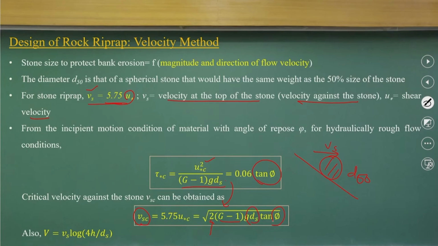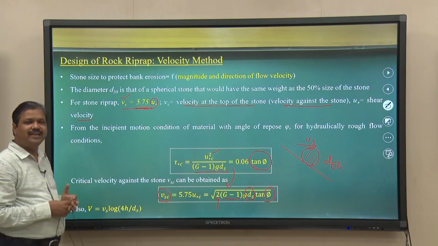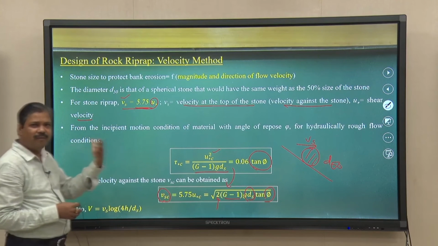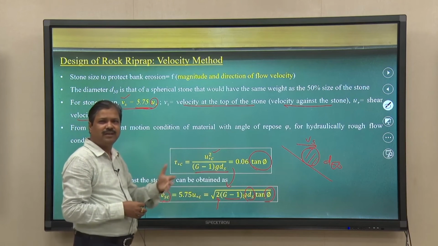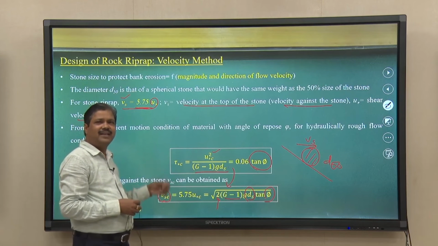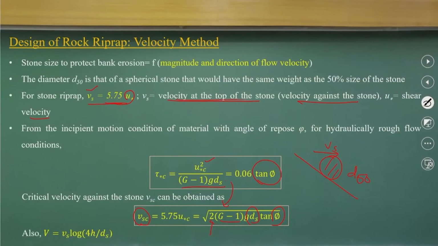Now, we cannot compute the Vs value, because we can only know the average velocity or design velocity, maybe 3 meter per second, or maybe 5 meter per second, maybe 2 meter per second or 10 meter per second. So, we can have a design velocity, but we cannot have the exact value of the velocity at the top of the stone.